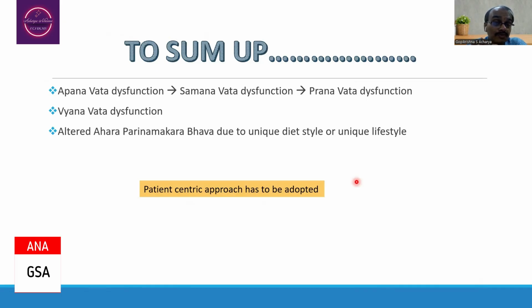So, Apana Vata dysfunction is considered to be one of the very important dysfunctions which may happen because of either the less intake of water or the suppression of the nature's call of defecation, etc., or either the person may be suffering from the constipation, etc.